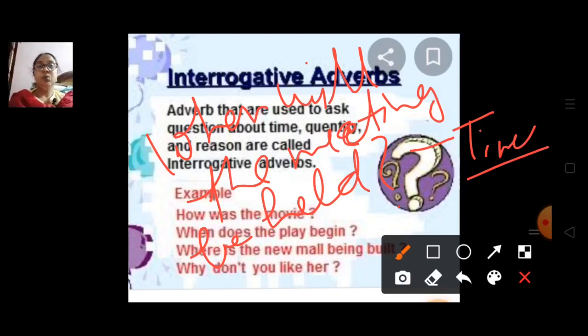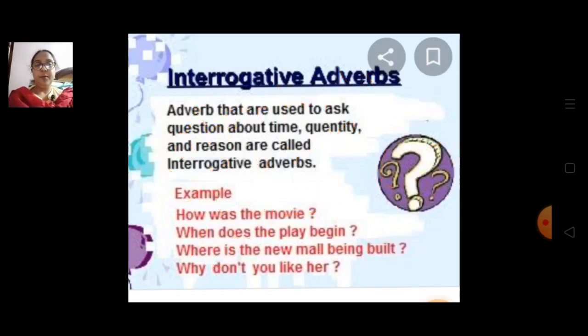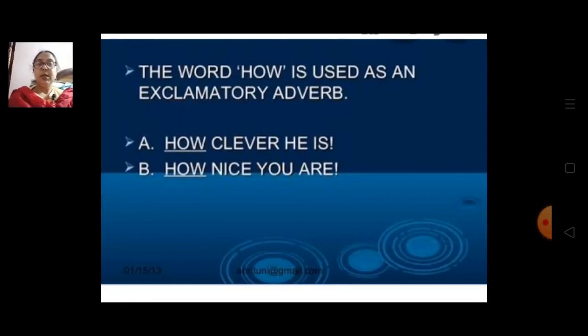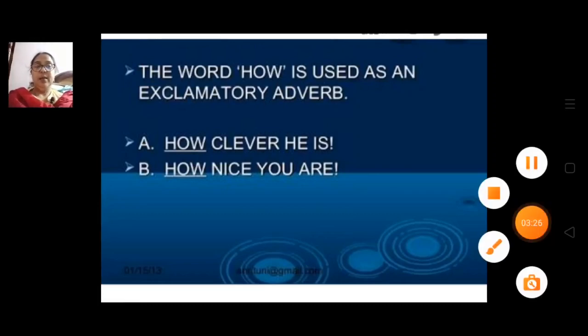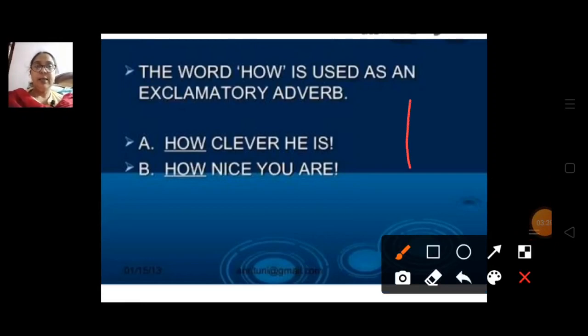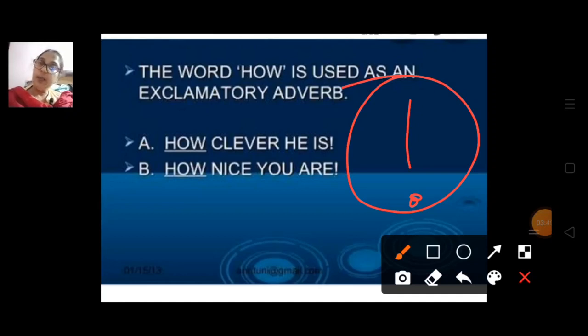Now we are moving to the next kind of adverb, which is exclamatory adverbs. From the name exclamatory, or exclamation, you can remember that there is an exclamation mark. Wherever we find an exclamation mark, these are called exclamatory sentences.